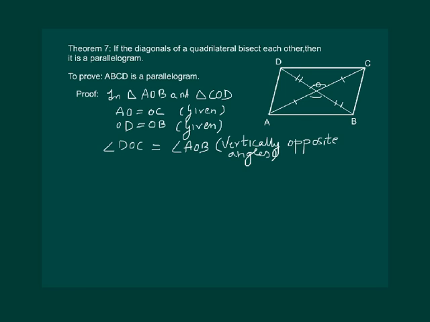Hence, triangle AOB is congruent to triangle COD by SAS property.